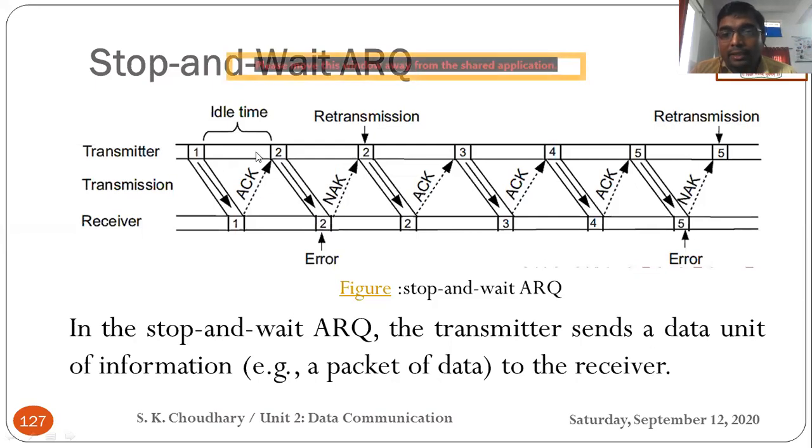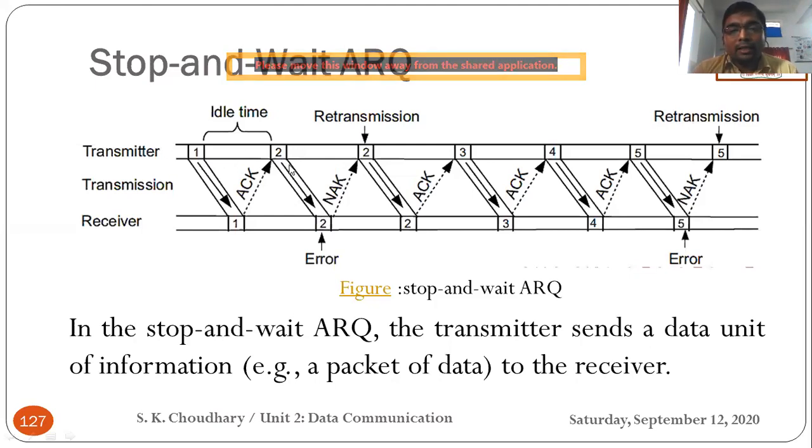Between the first and second time the transmitter remains idle. It waits for the acknowledgement signal from the receiver end. Until it receives the acknowledgement signal, it will not retransmit or transmit the next data packet. So this is called the idle time.